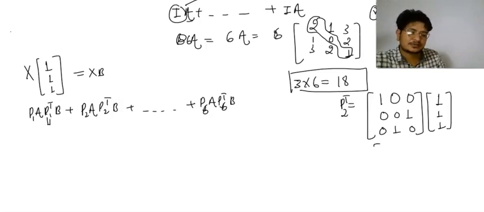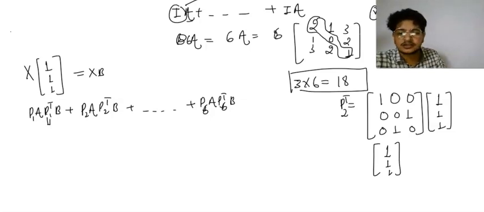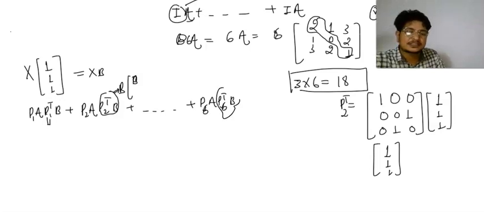If I multiply this, I will get 111. So I'm getting the same thing. So P2B is equal to 111. So I can write P2B as B, and P6 transpose into B will also give you B.